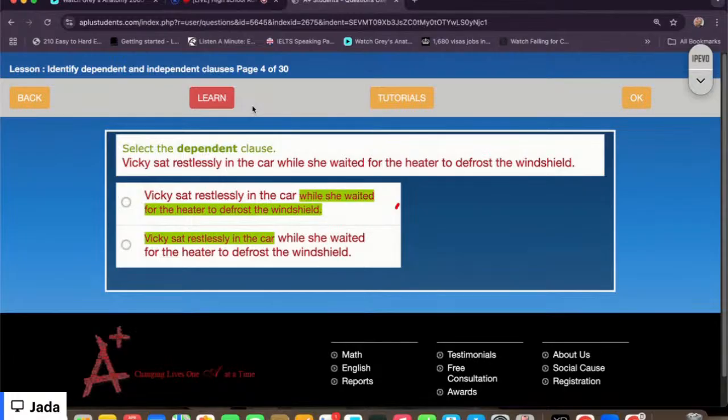Vicky sat restlessly in the car while she waited for the heater to defrost the windshield. First the second dependent clause.